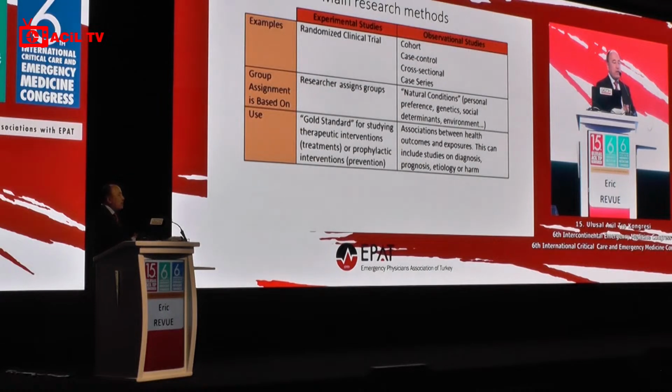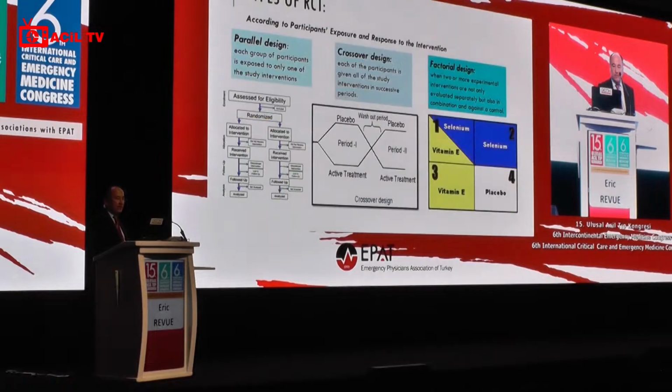Here are the main studies that we can use. The toughest research is the randomized control trial. The others are observational studies that we use a lot in the emergency department: cohort, case control, cross-sectional, and case studies. The gold standard should be the randomized clinical trial.